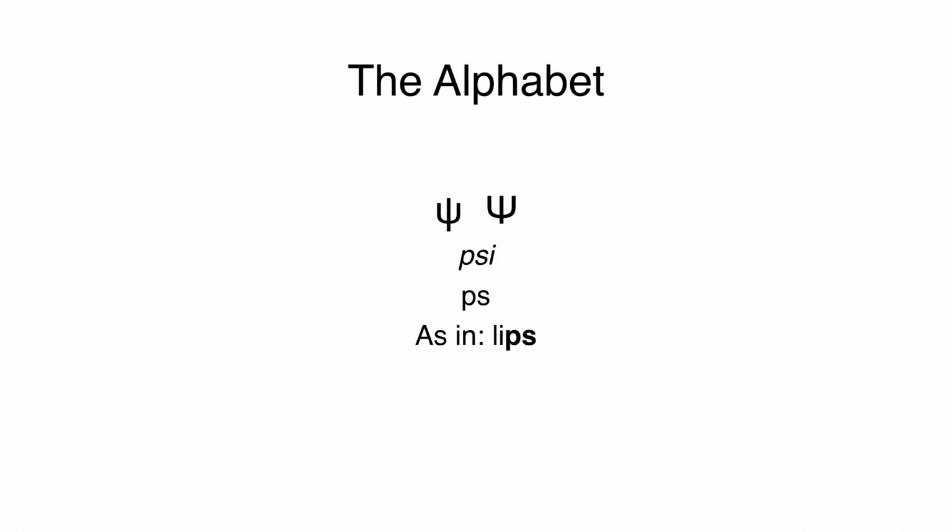The next letter is psi. If we imagine our line as so, this is a little bit like Poseidon's fork. We've got a U shape there with a prong running through it.